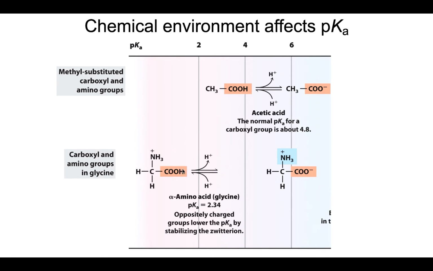There's going to be repulsion between this positive charge and this partially positively charged proton here. So it's going to make it easier to kick off that proton. It's going to essentially make the carboxyl group have a lower affinity to that proton.